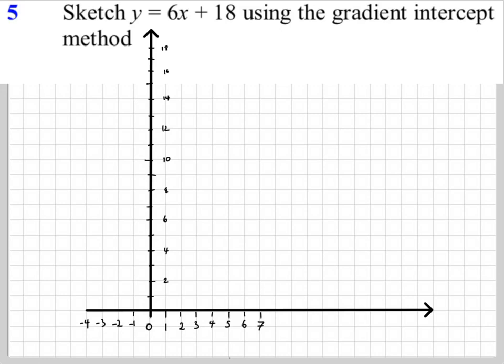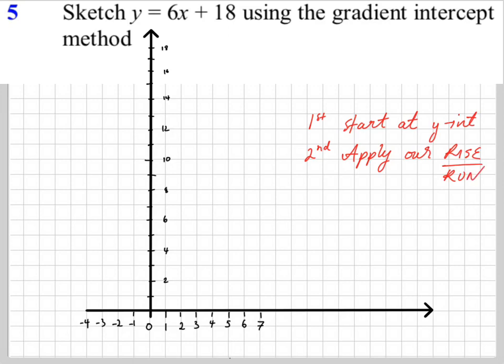So we need to draw a graph. And to do the gradient-intercept method, the first thing that we need to consider is that we start at the y-intercept. And then the second step is to apply our rise over our run.